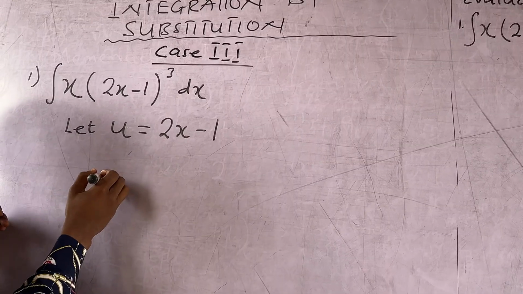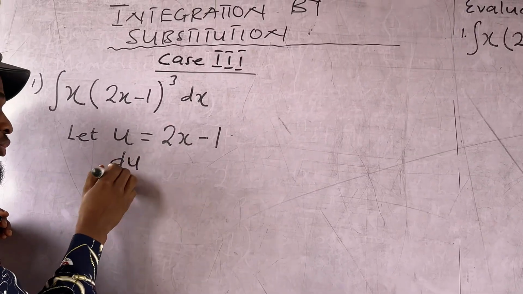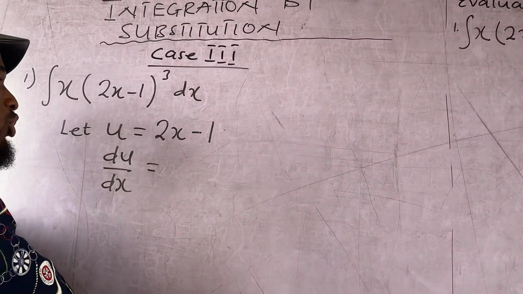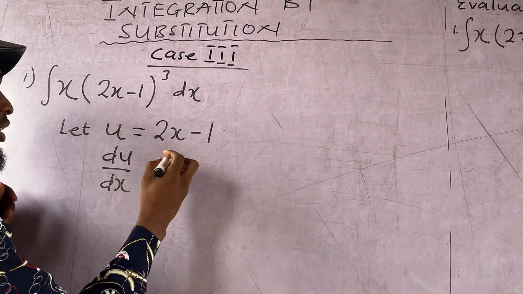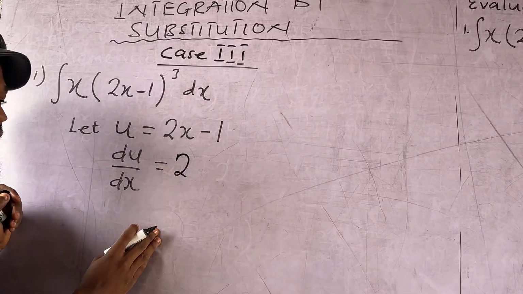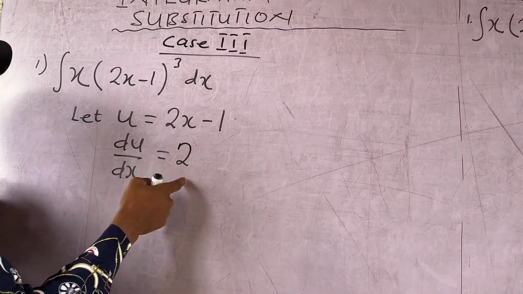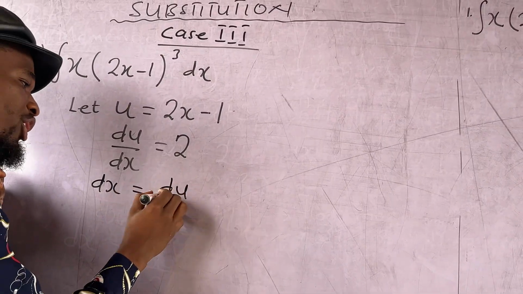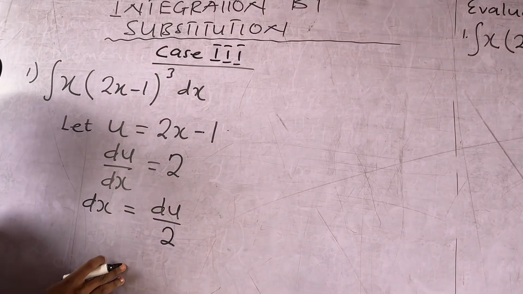You differentiate u with respect to x, I have du over dx, which is equal to 2, right? When I make dx the subject, I have dx is equal to du all over 2.